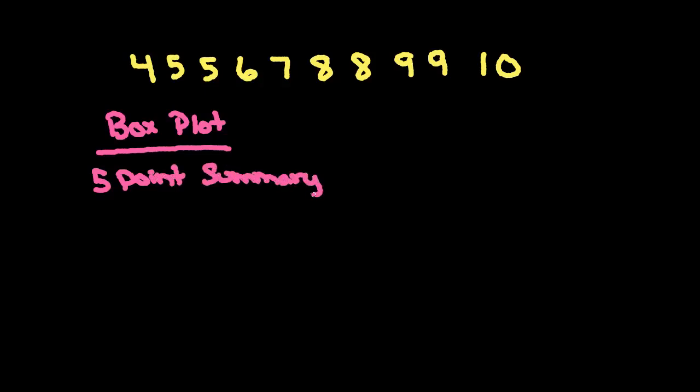The 5-point summary is, think of it like a dollar bill and money. Here at the end we have $0. Here at the end we have $1.